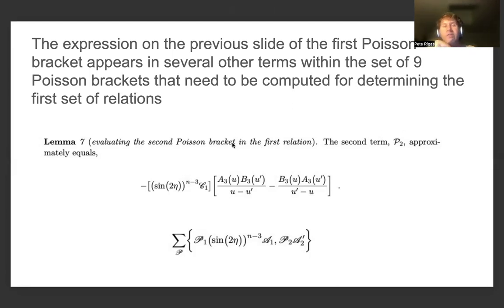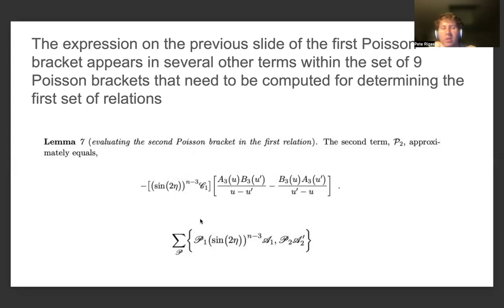So this is given by the fact that if we want to evaluate the second Poisson bracket now, it gives a very similar expression given by the fact that we just have a different prefactor which is leading up to these two terms that we're going to subtract, A3 of U and B3 of U. And this Poisson bracket takes this form, and we can see that it's just a little bit of a difference from the Poisson bracket which we obtained in the previous slide, because we permuted and we changed some sine of 2 eta term, which only appears in the first argument of the Poisson bracket and not in the second argument.